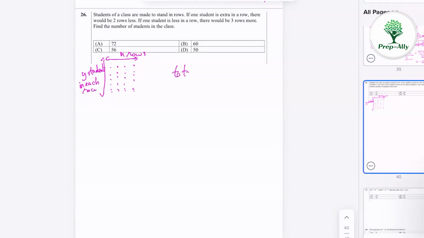So total number of students equals xy, right?